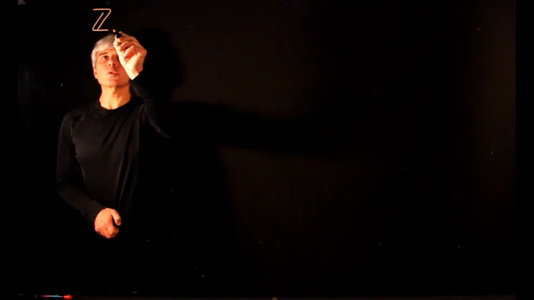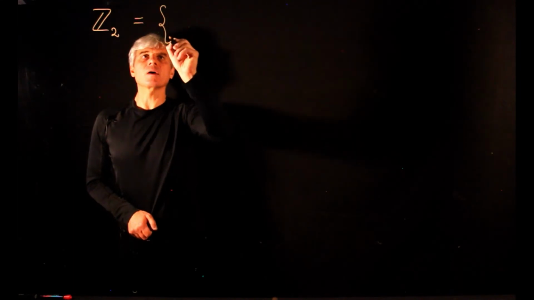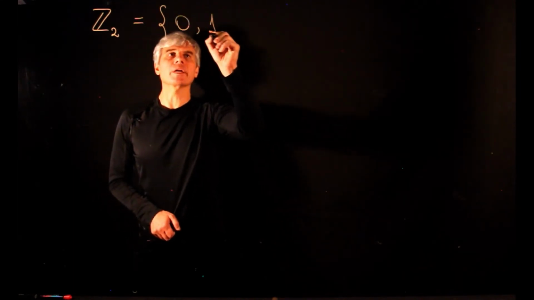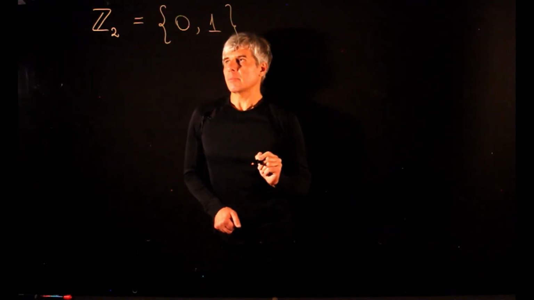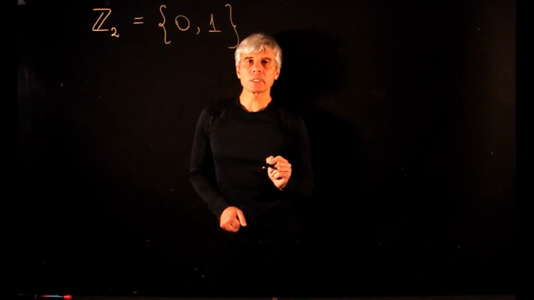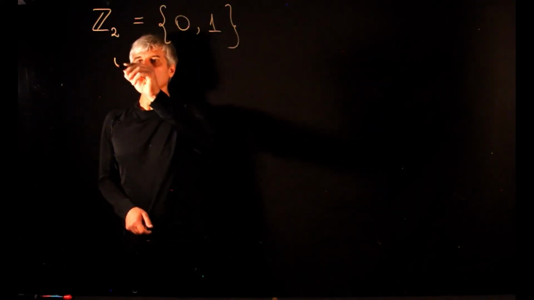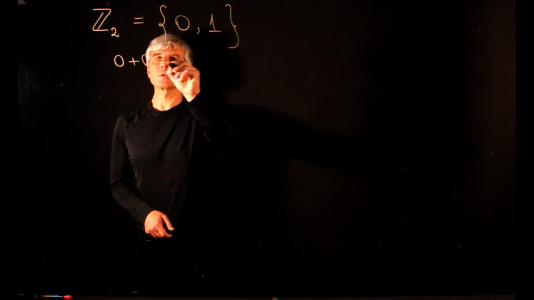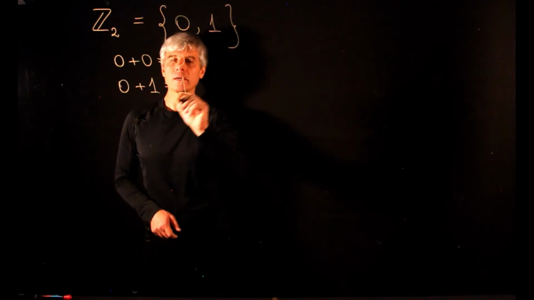The next example of a field is foundational for computer science. So this field is called Z2, and as a set, it consists only of two elements, 0 and 1. Now, let's define addition and multiplication of these elements. So for addition, we will say that 0 plus 0 is equal to 0, 0 plus 1 is equal to 1.